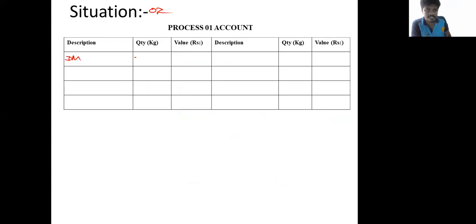Direct material, we are starting with that. 75,000 kilograms, value of it is 750,000 rupees. Then direct labor cost 525,000 rupees. Then production overhead cost 225,000 rupees.